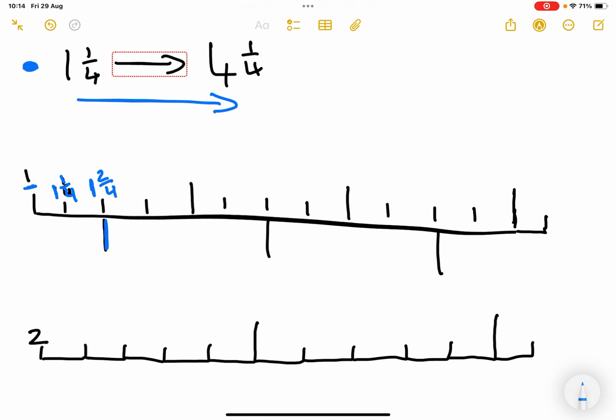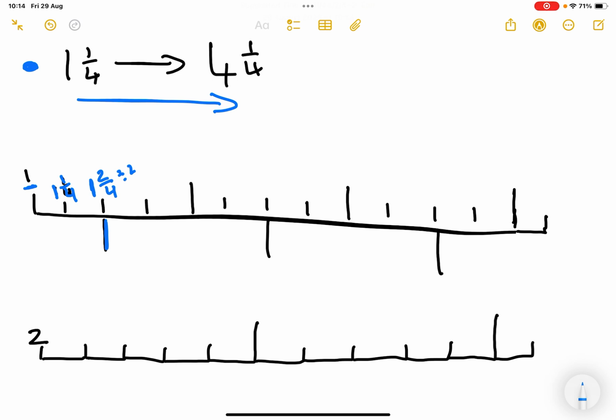Now I've written a line at the bottom over here, and the reason why I've done that is because sometimes we are asked to simplify even the fractions on our number line. I like to write both, so it helps me to remember where I am on my number line, so that I don't get confused. Simplifying, as we know, we just divide by the highest number that can go into both the numerator and the denominator.